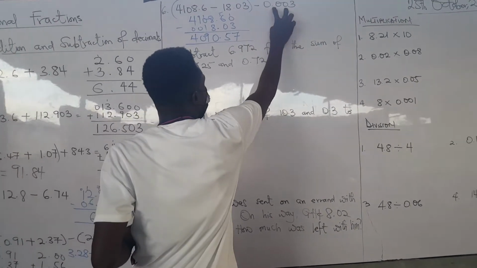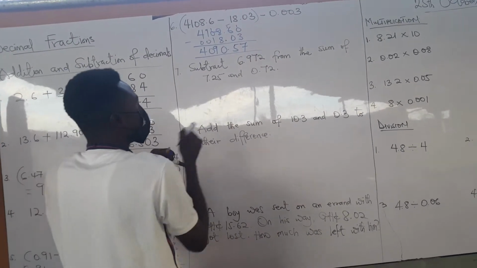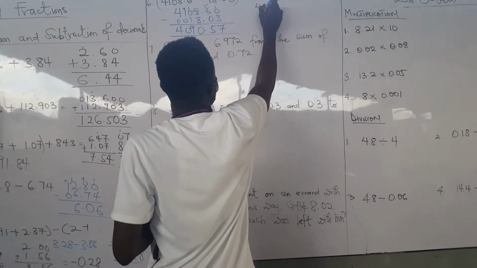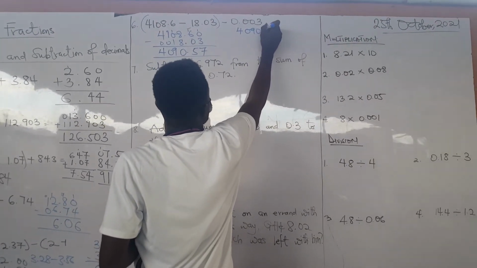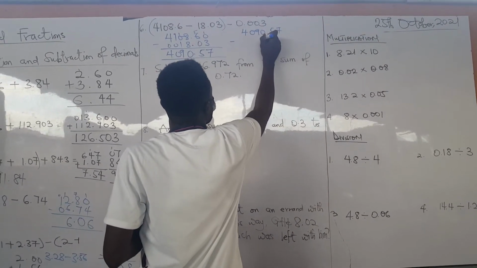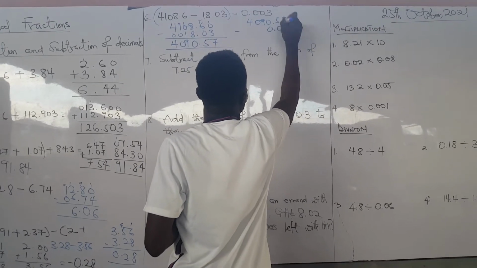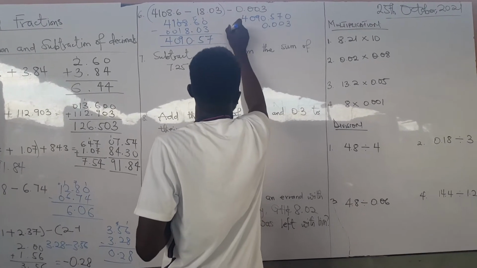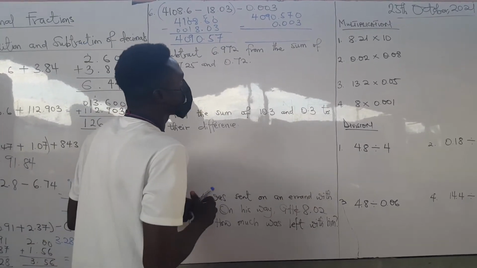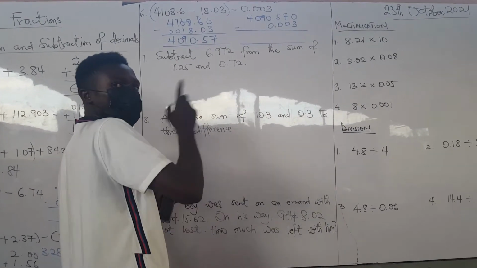So we are going to subtract this from the result we had from putting the first 2 in brackets. And the result was 4090.57 minus 0.003. There is no number, so we are going to replace it with a 0. Now let's do the subtraction. 0 minus 3 is not possible, so borrow.